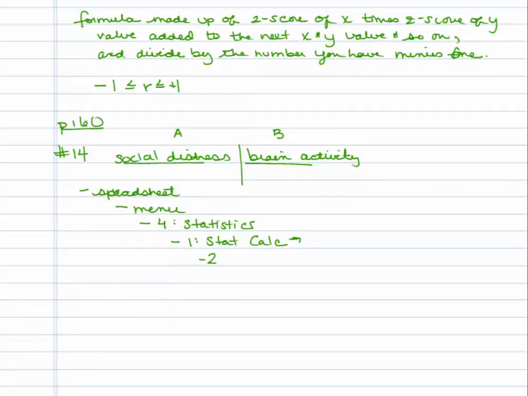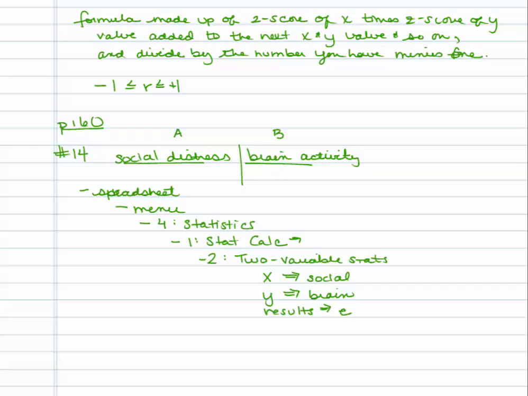I picked 2, which is 2 variable statistics, and that's where you also have to set up then the X I put as my social distress, the Y as my brain activity, and then you have to tell where you want your column, your results. I put like E, column E for mine, so that it would be kind of far away.